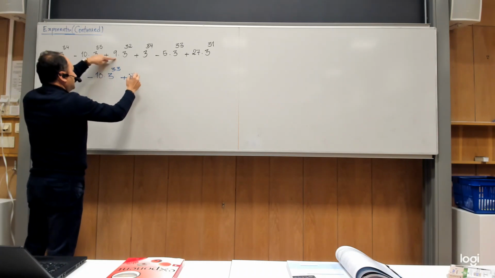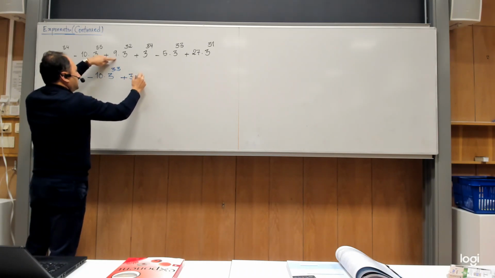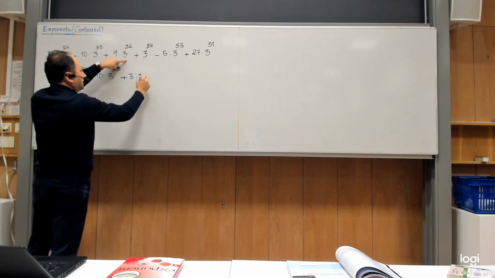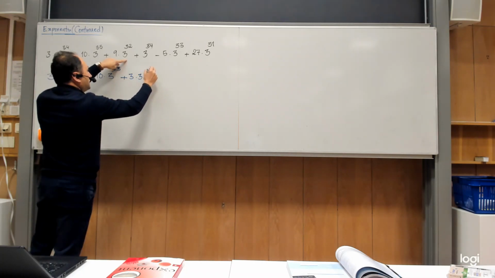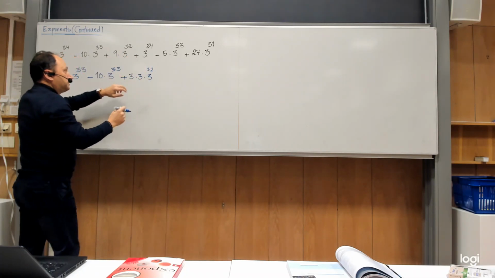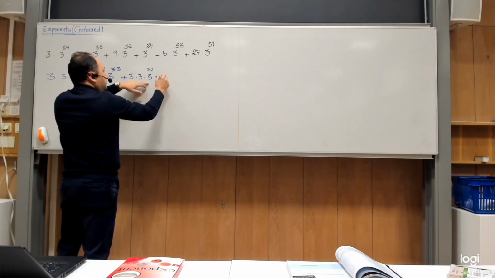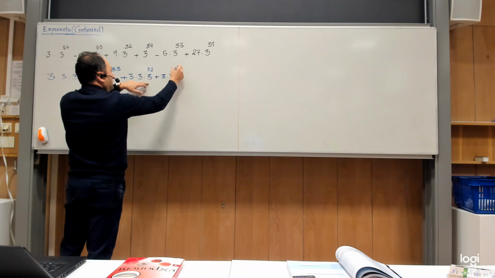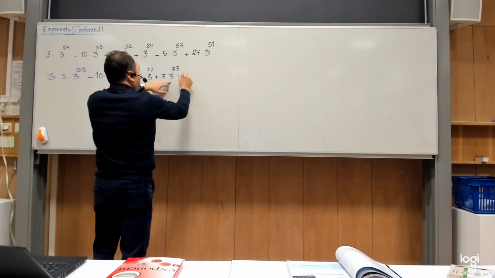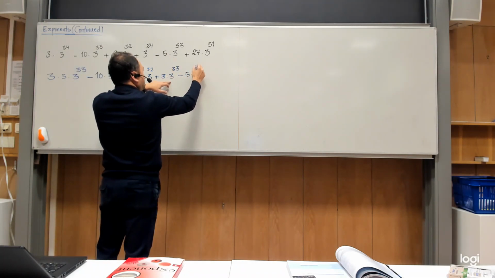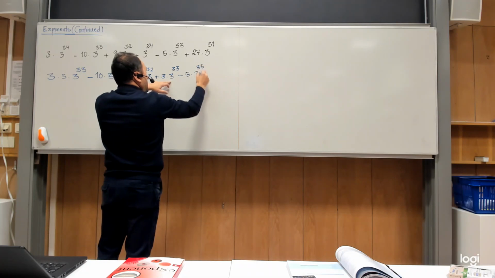Let me write another 3 because of 9, and then let me just copy and paste. Of course, if you can do these things in your head, it is much better, but you don't need to be in a hurry. So here, you will write this times this, and then that's okay in the 4. And then what is your suggestion for the last one?